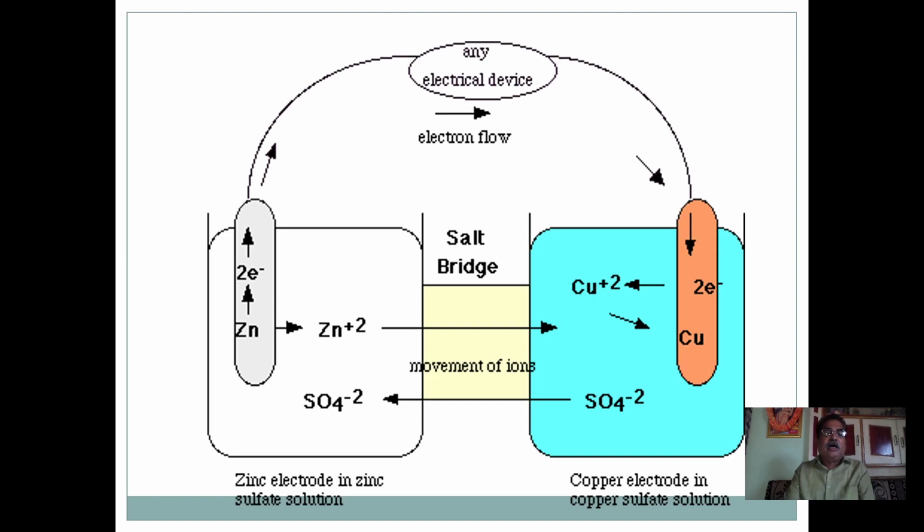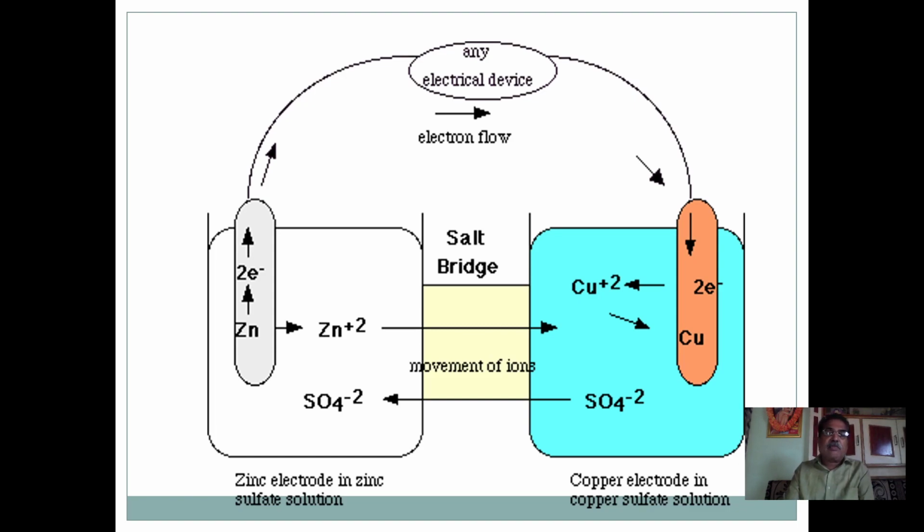Now in this cell, oxidation takes place on the zinc electrode. During the oxidation reaction, a zinc atom loses electrons, producing Zn+2 ion and electrons. Zn+2 ions go into the solution while electrons are left on the zinc rod. While in the reduction reaction, Cu+2 ions in the solution accept electrons and produce copper solid atoms, which are deposited on the copper rod.